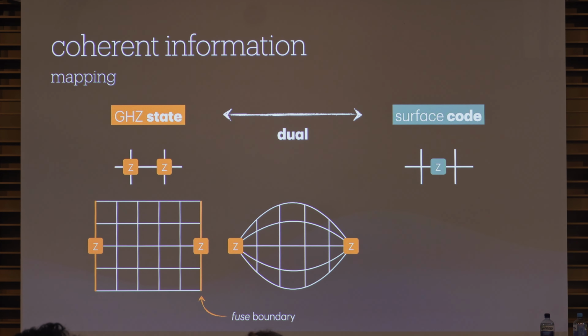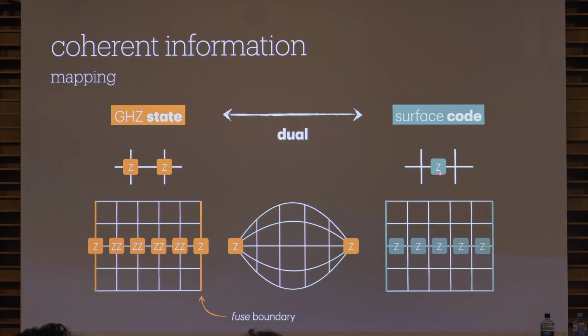Without changing this observable, we could now just put some identity operations there. And now in our surface code picture, interpret neighboring ZZ operators as Z operators on the bonds to get something like this, which looks very much like a string operator or a logical operator in the surface code picture.